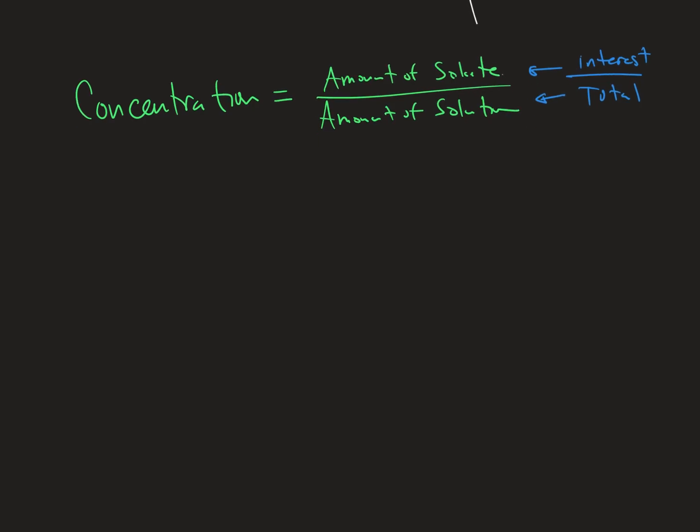The main one we use in chemistry is called molarity. And molarity is still the amount of solute over the amount of solution, but we say it's the number of moles of solute over the liters of solution.